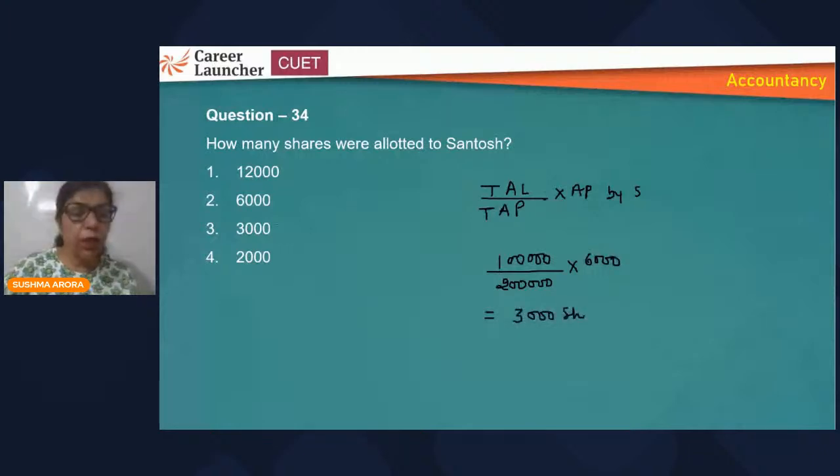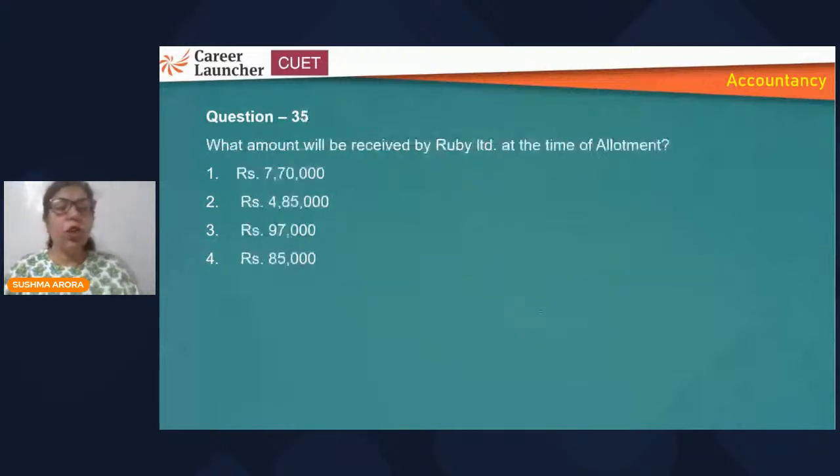Or another way, those who are applying for 2 lakh shares, company is giving 1 lakh. So the ratio is 50% here. So 6,000, if he is applying, he will get 3,000 allotted. Clear? Now see next. What amount will be received by the company at the time of allotment?